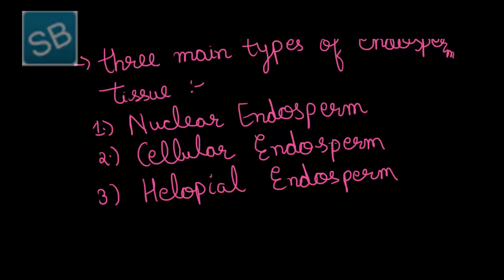Out of this, nuclear endosperm is the most common out of all the three types of endosperm tissue.